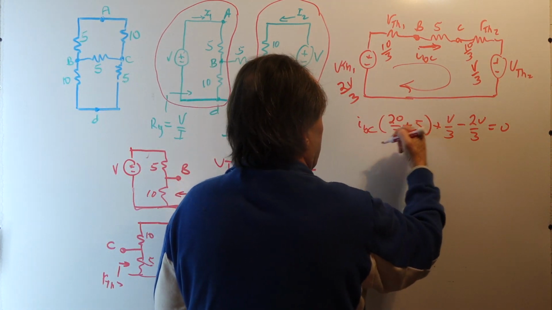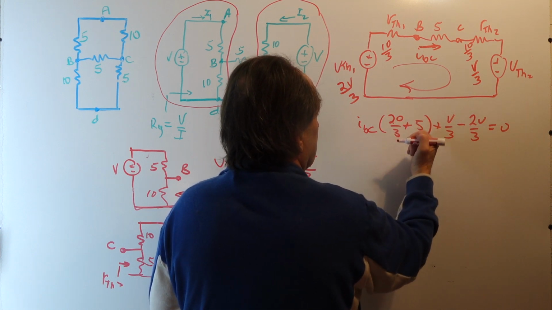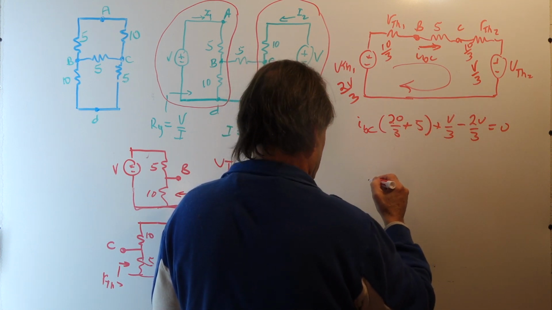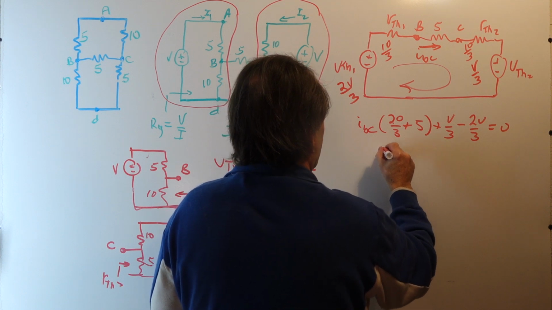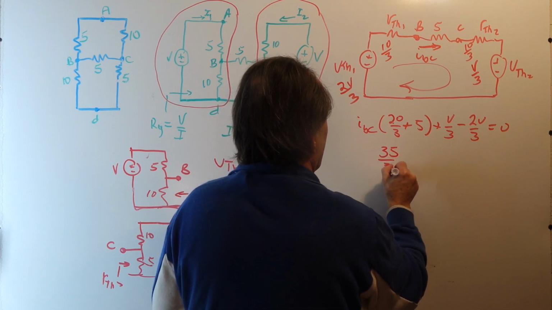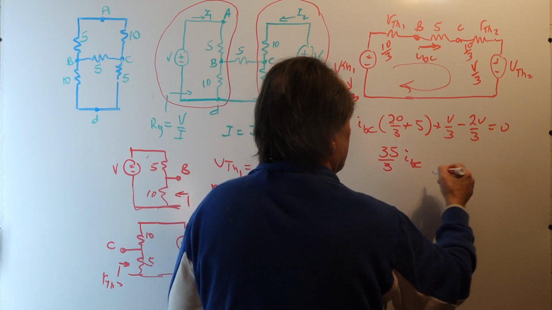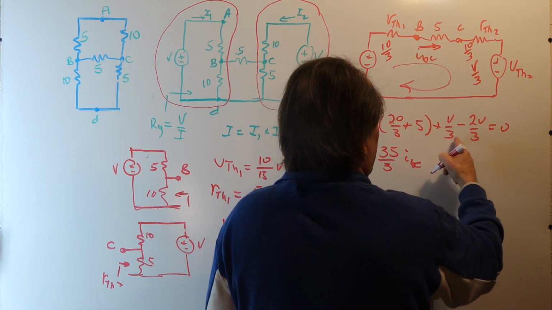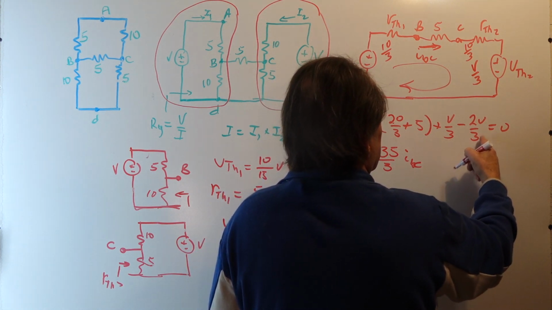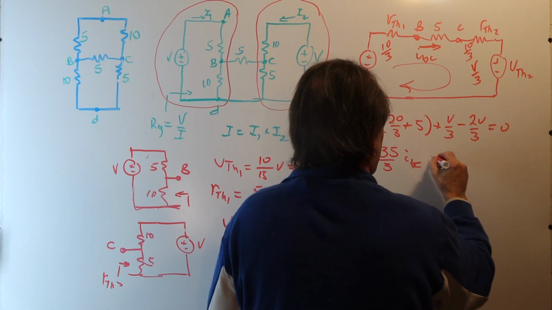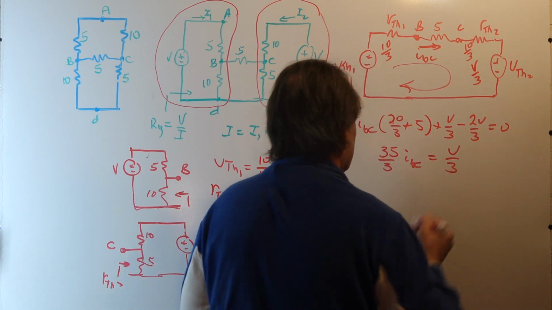Well, combining these two, we have 15 thirds plus 20 thirds, or 35 thirds IBC, and then V over 3 minus 2V over 3 gives us minus V over 3, and I'll put it on the right side.